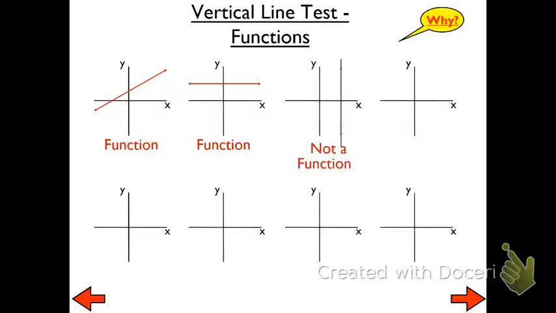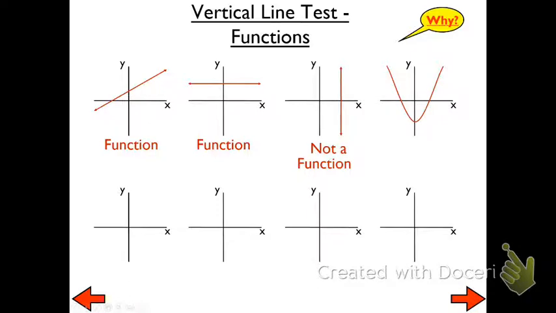So it is not a function, and the equation is x equals 5. Now let's back it up a minute. When the equation was y equals, it was a horizontal line, and it is a function, because a vertical line only touches it once. When the equation is x equals anything, it's going to be a vertical line, and it is not a function.